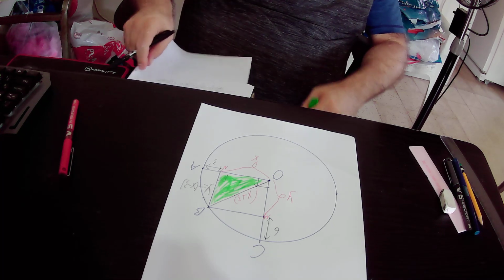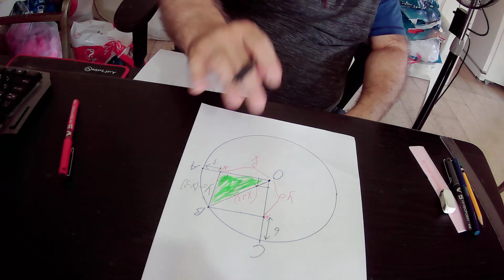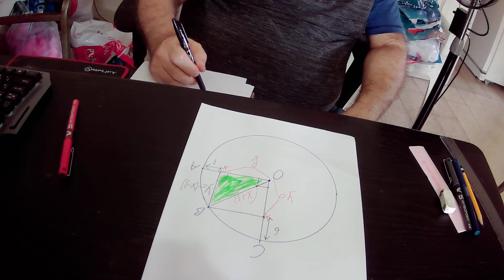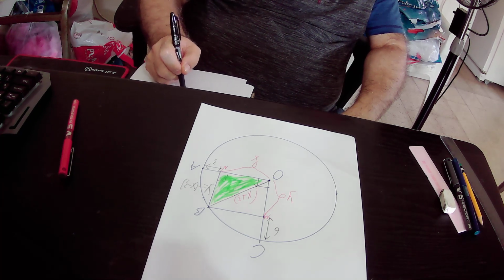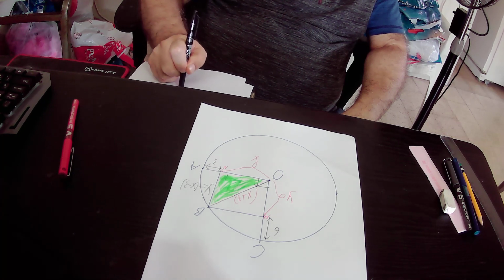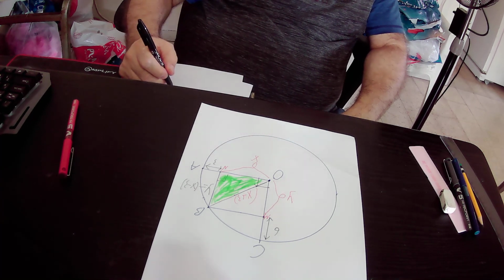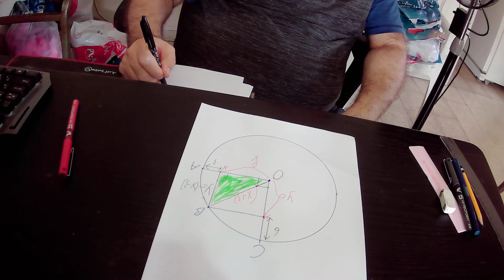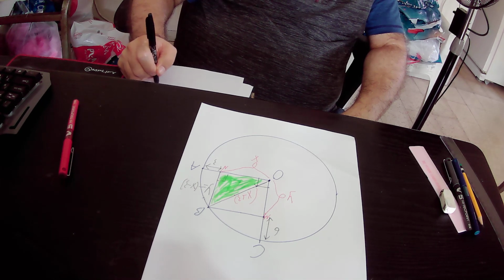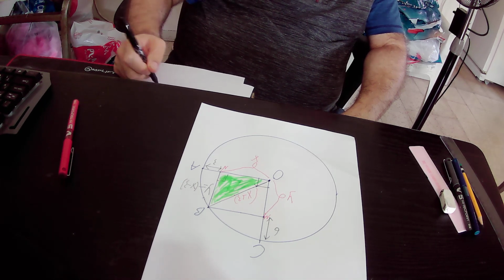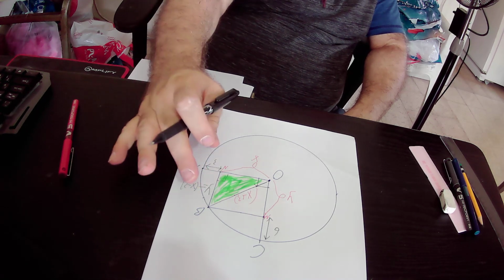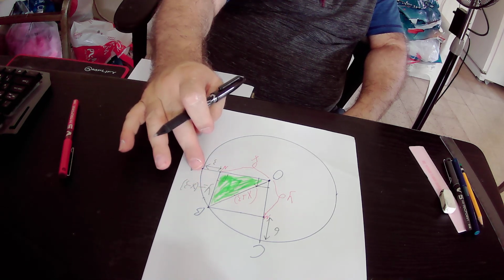But we know that OB equals x plus 3, ON equals x, and BN equals x minus 3.